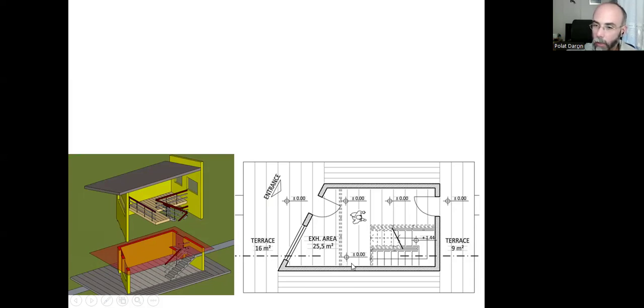So here we have 0,0 and the landing plus 1.44. Based on our design, our decisions, it's plus 1.44. And the rest is dashed. We don't see the first floor. We cannot put the level of the first floor.